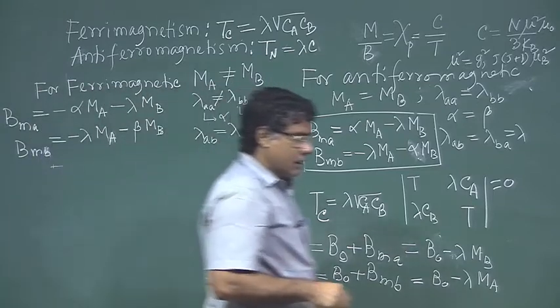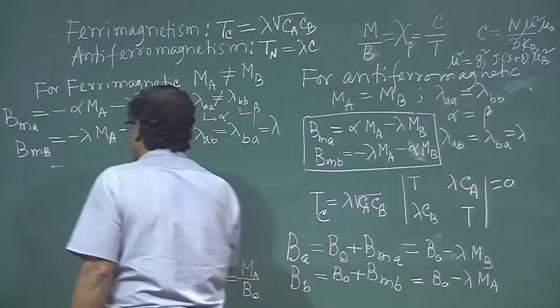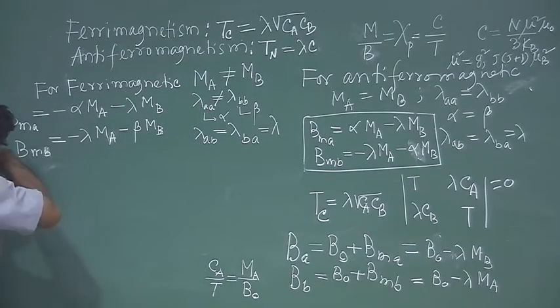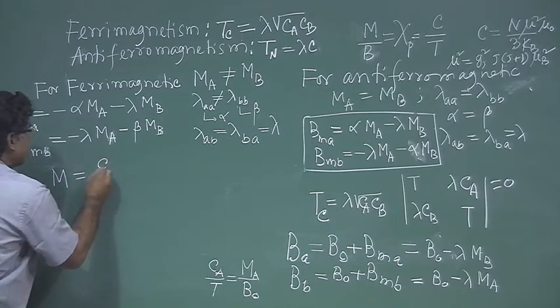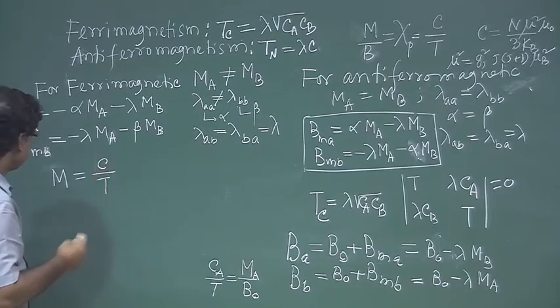So, chi equal to M by B, M equal to, in general, C by T in paramagnetic phase.